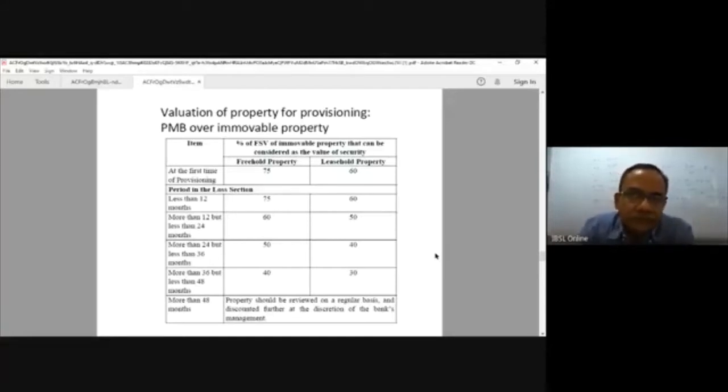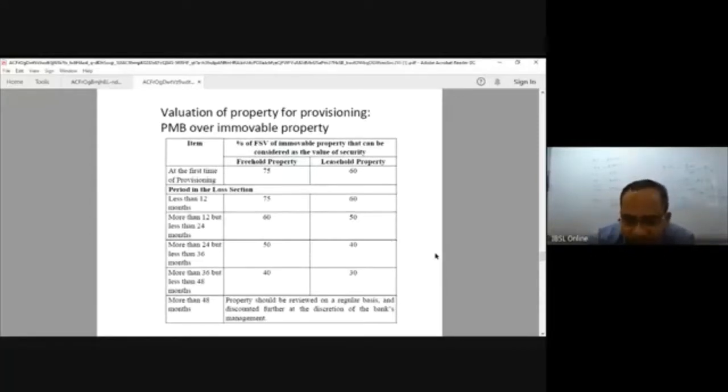You have to comply with the minimum, but anything more stringent depends on the particular financial institution's culture and appetite. Based on that, they will do it.